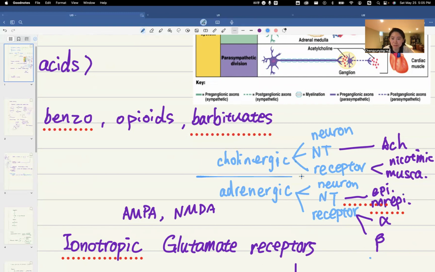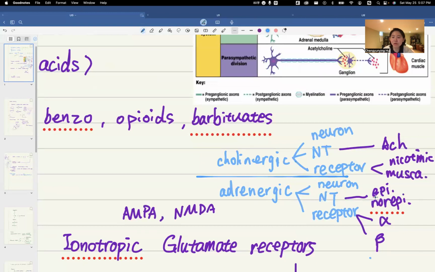Just separate them completely. Let's talk about the second group, adrenergic. The neuron is just an adrenergic neuron, and it releases adrenergic neurotransmitters, which are epinephrine or norepinephrine.